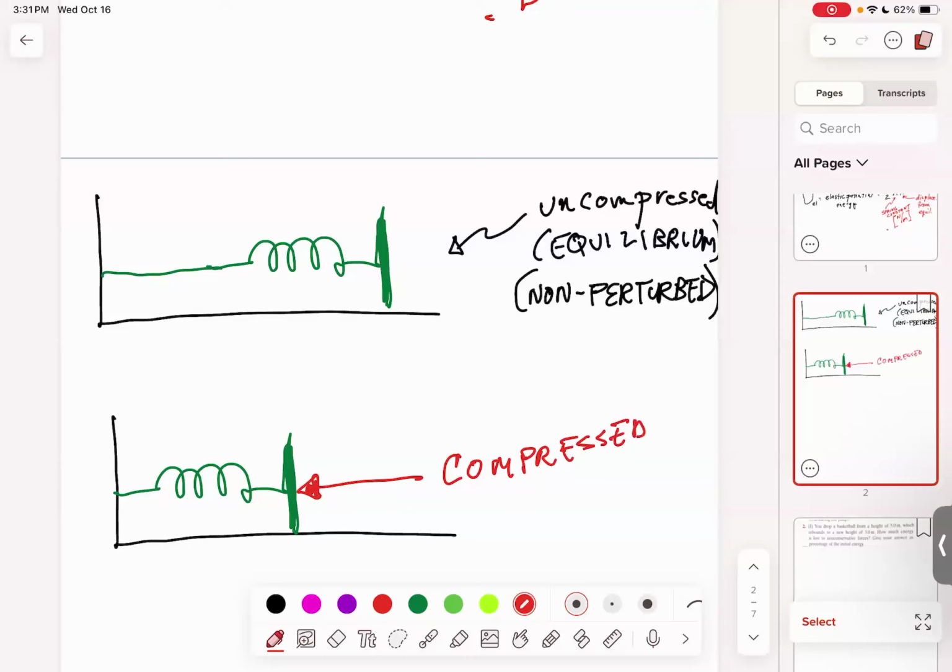And it's compressed a distance relative to where this thing started when it was at rest. So let's just say that this thing got moved a distance of X. So once we do that, we're storing energy, if you will. We use some work to move that spring, and we're storing energy, and thus we have some potential energy.